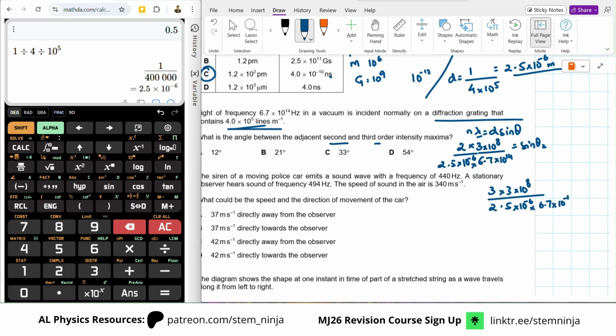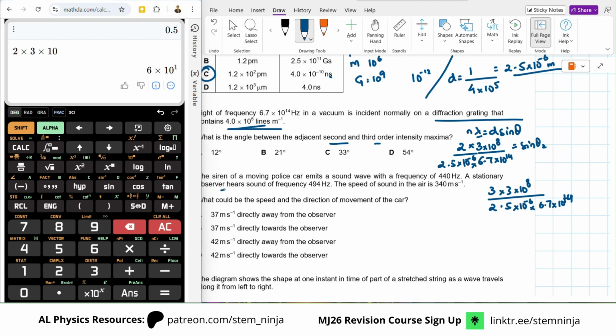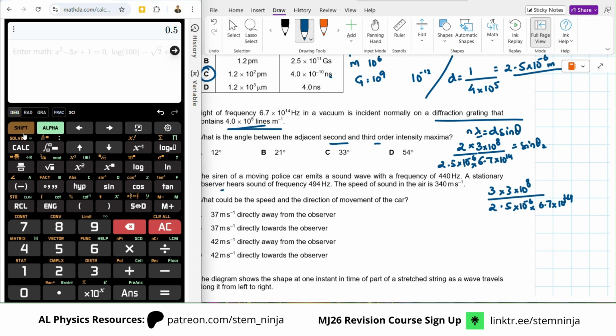6.7 10 raised to power minus 40. Right. So 2 times 3 times 10. Let's just do sine inverse right away.